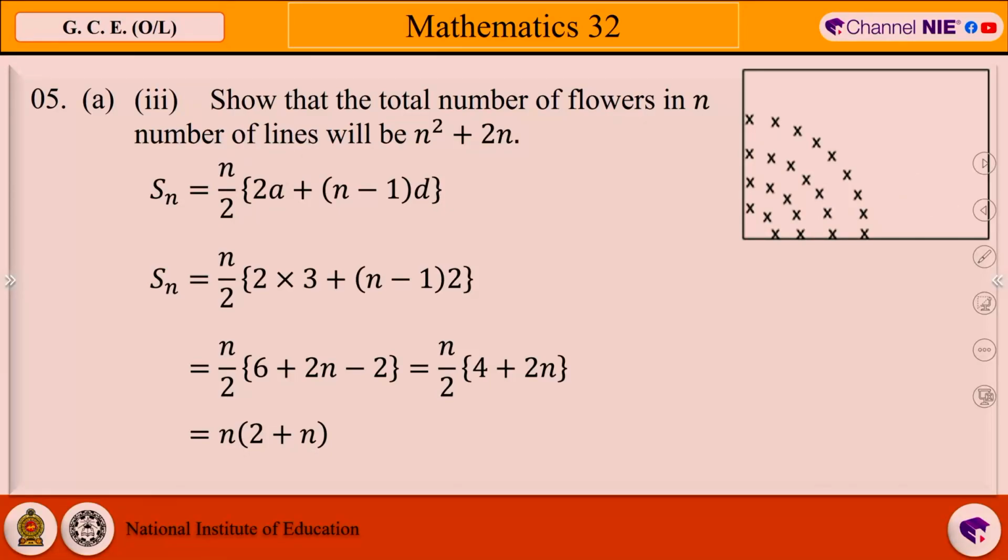So, you can remove brackets, then here you have a common factor, you can take it out, and by simplifying you will get n times 2 plus n. After removing bracket, you will get the given expression, which is n squared plus 2n. So, how easy?